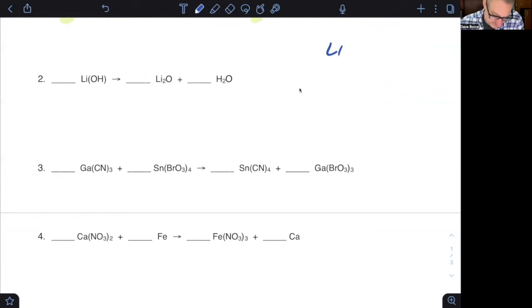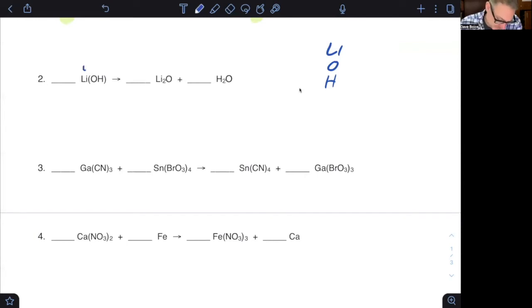Got lithium, and notice the hydroxide doesn't stay together on both sides. Now, I'm going to break them apart then. So I've got oxygen, I've got hydrogen. So those are the 3 that I have, and I have to have equal amount on both sides. So let's go ahead and start balancing.